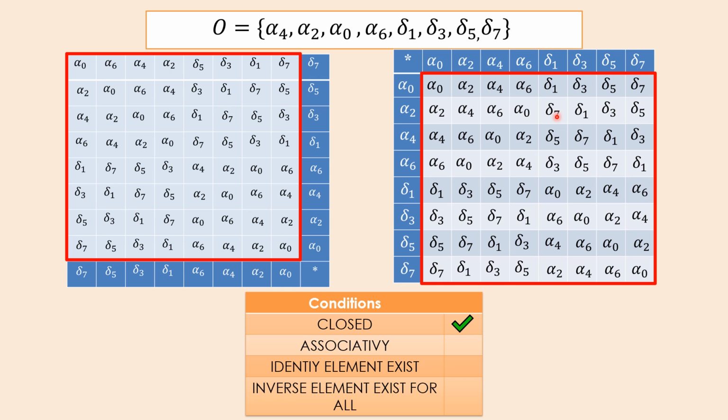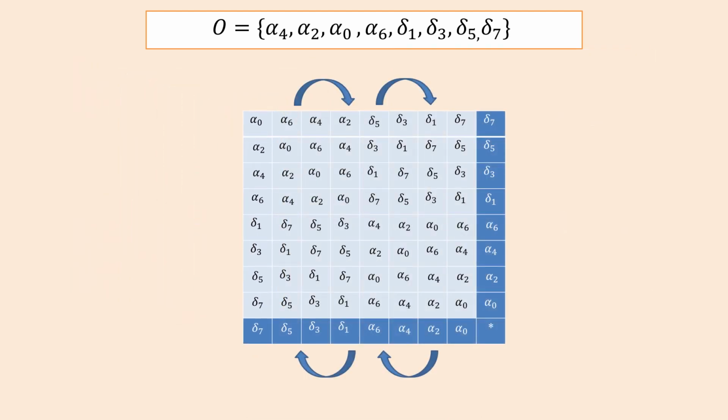Therefore, there is a need to interchange columns in our flip table. So let's interchange column 2 with column 4, and column 5 with column 7.